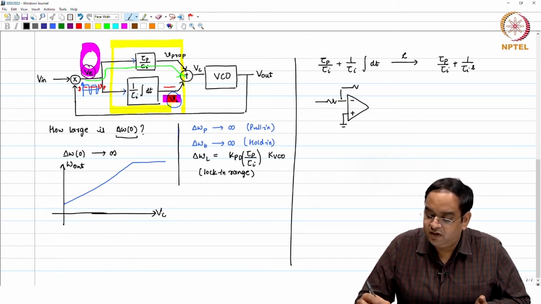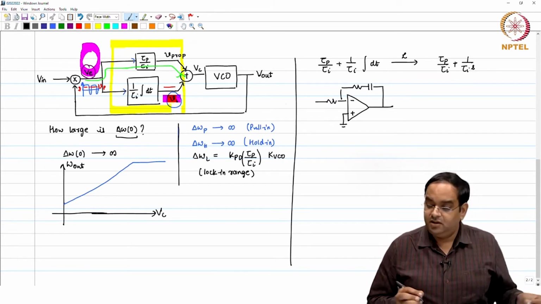where I have this R and C providing me the integration here.